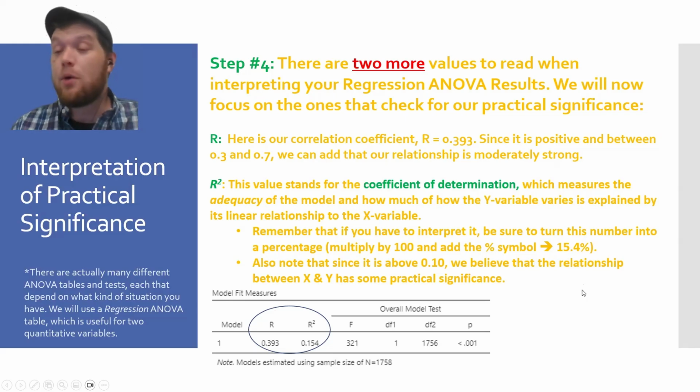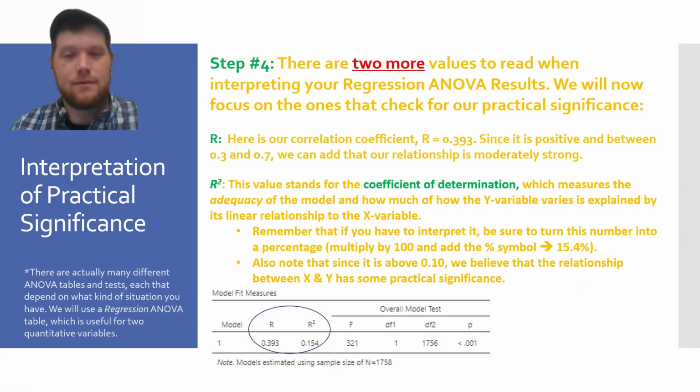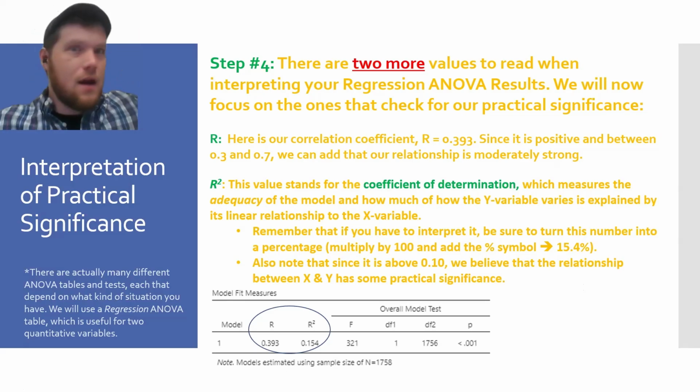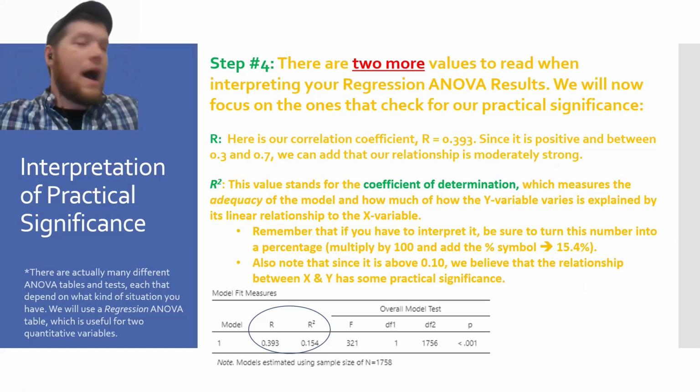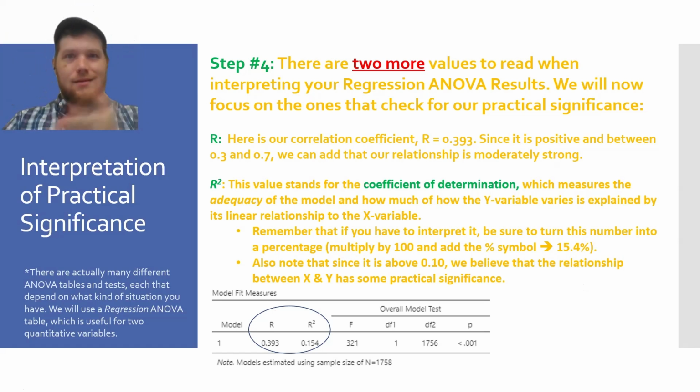It is above 0.1, so maybe it's not perfect, but it's still decent, and we believe the relationship between x and y has some practical significance. And in social science, that might be a great accomplishment to be able to explain, no matter how wild humans can be. If we can nail that, that's rad.